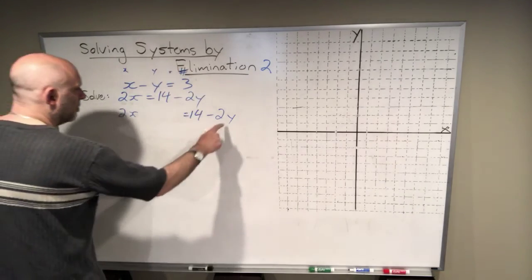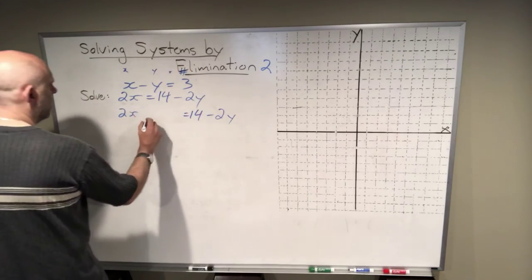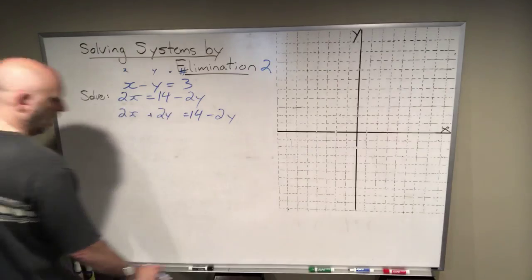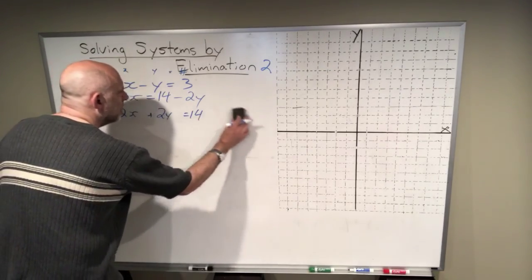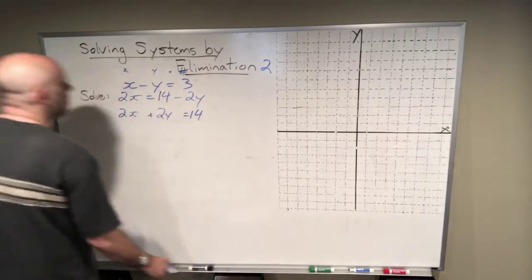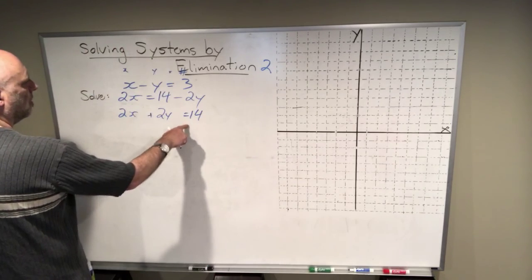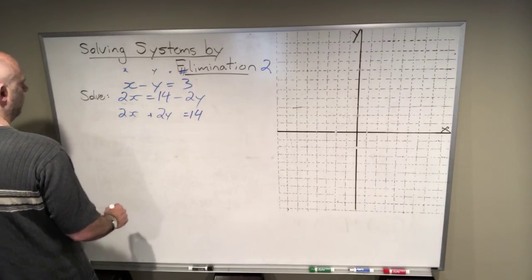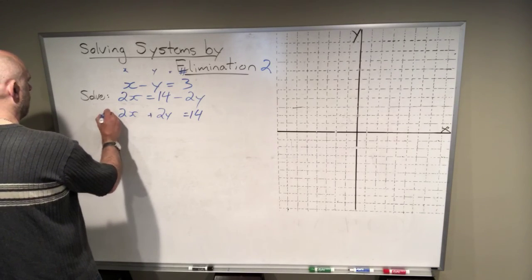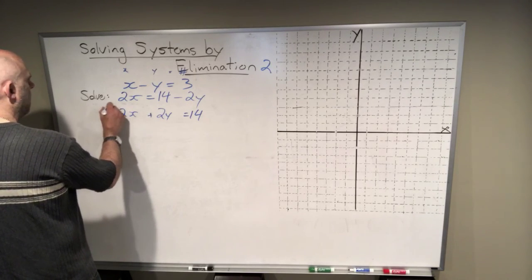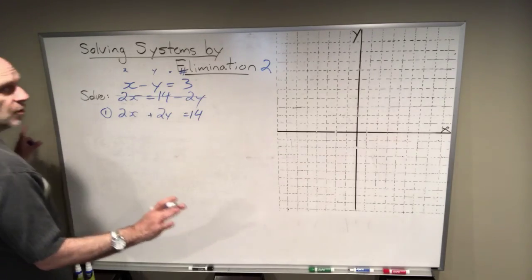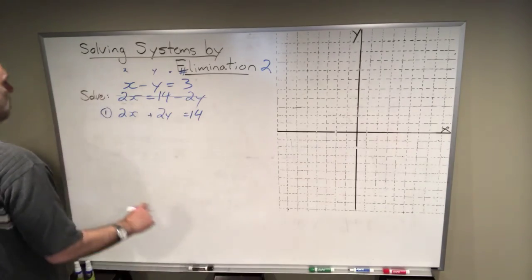Okay? So let's bring that over. Bring it over here, it's going to be a plus 2y. Then the equal sign. And the number. Good. So let's call this equation 1 now. And it's replaced that one. Same equation, just arranged a little differently.